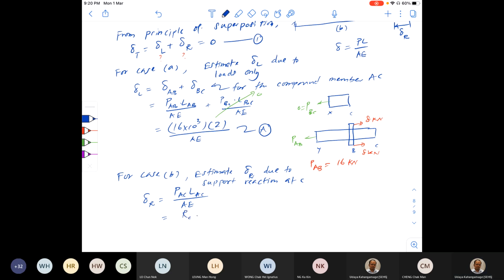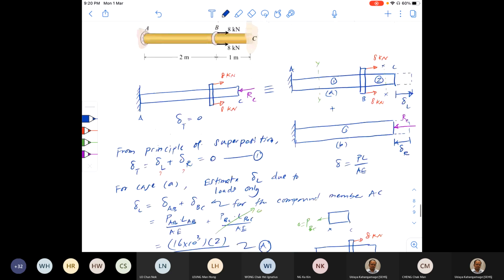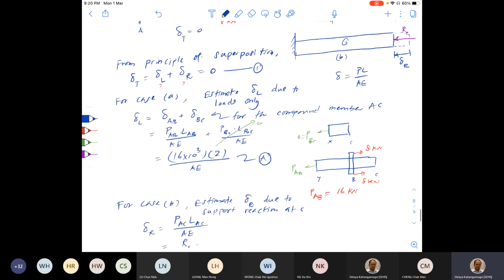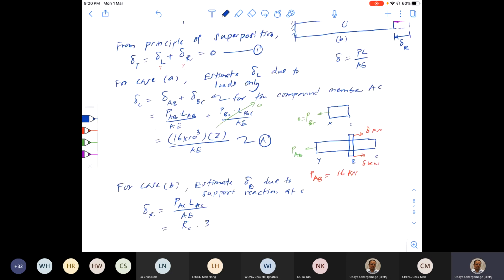LAC, 3 meters, correct? 3 meters divided by AE. So we got another equation, B. Now, do you understand why we use LAC, right? Because we are applying it for the whole member.